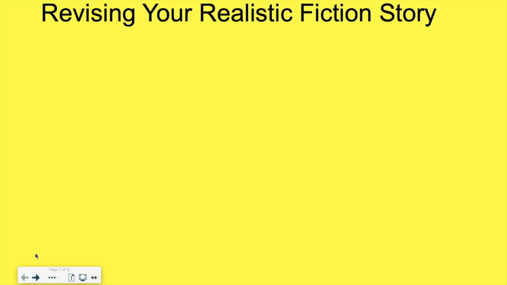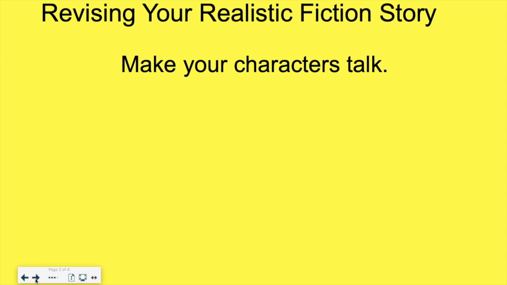Okay, so last time that I taught you how to revise, what we learned about was that making your characters talk is a really good way to help your readers understand your characters. And the last time that you looked at a lesson from me, we talked about revising to add speech bubbles to say what the characters were saying.